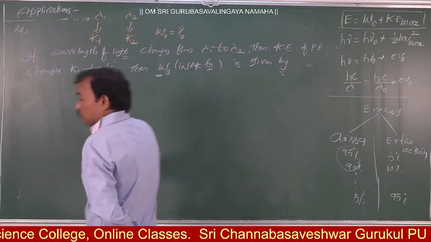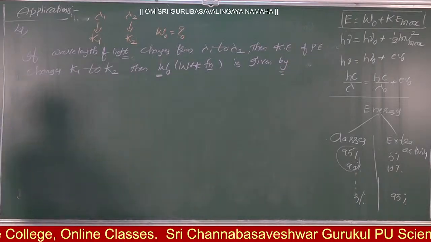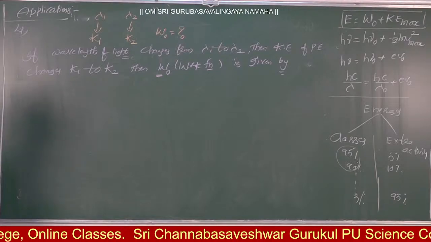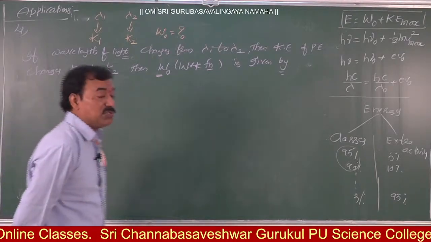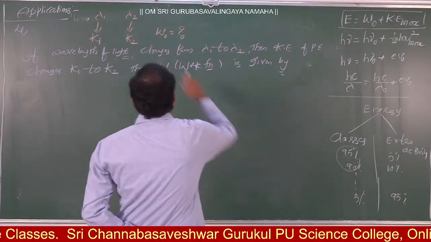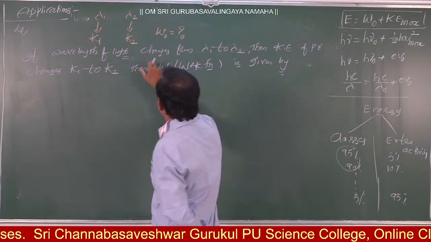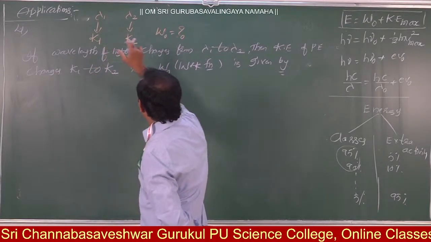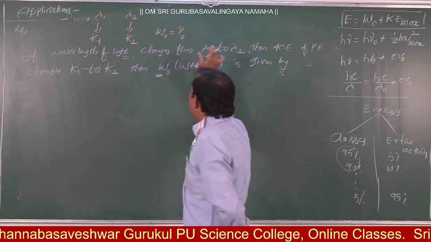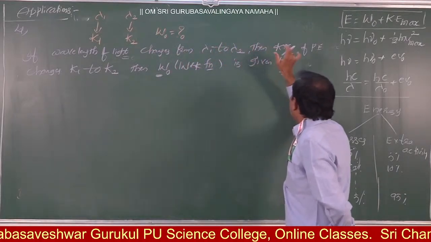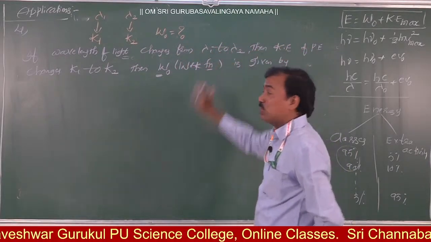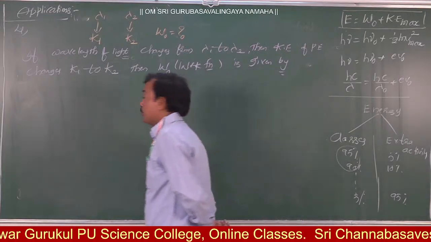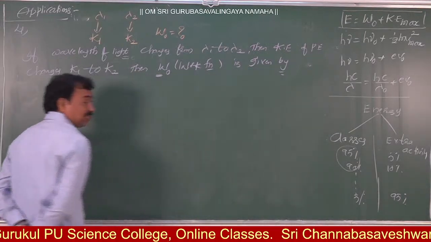this is the previous question also here. The wavelengths of the two lights change from lambda 1 to lambda 2. Then the kinetic energy of the photoelectrons changes from K1 to K2. Then what is the work function equal to?